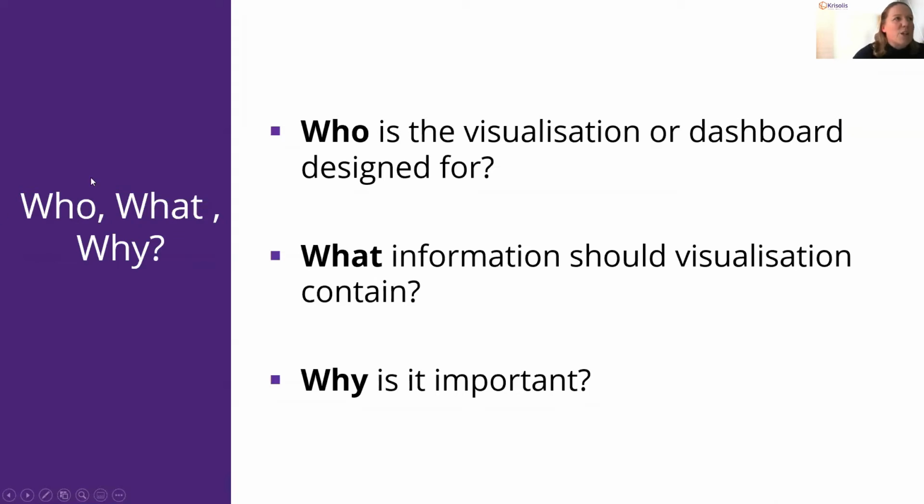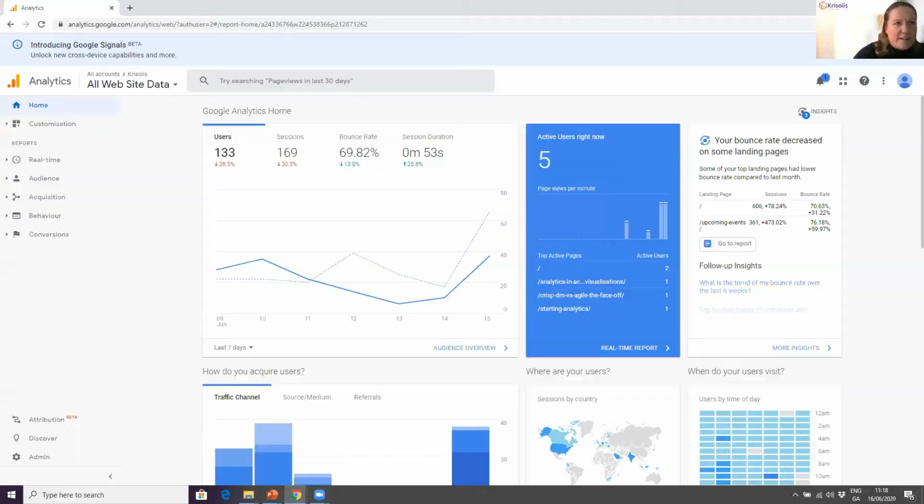Essentially it's designed for business users. They're non-technical, so you want it relatively easy to navigate, and you want the information to be really relevant to that particular audience.